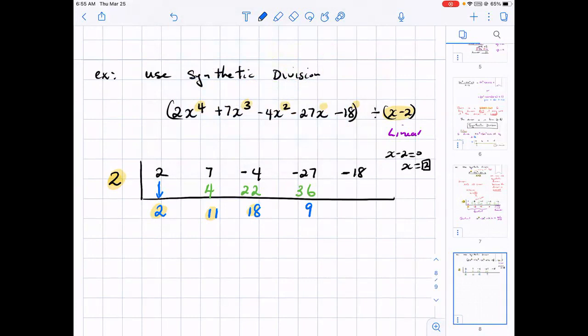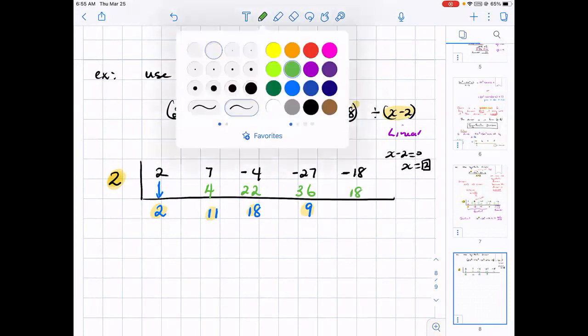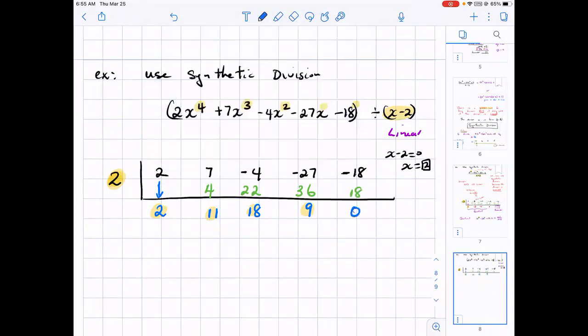And then 2 times 9 is 18. We multiply again. And then if we add, we get 0. So this is your remainder.